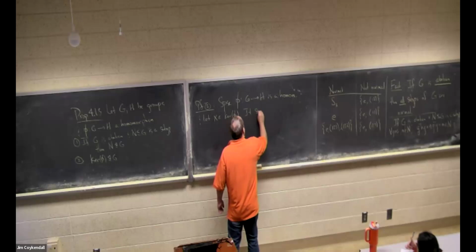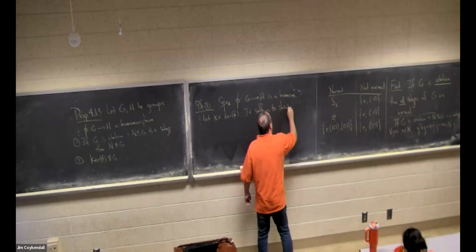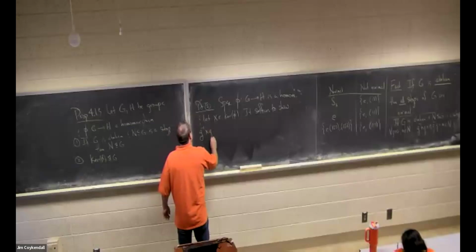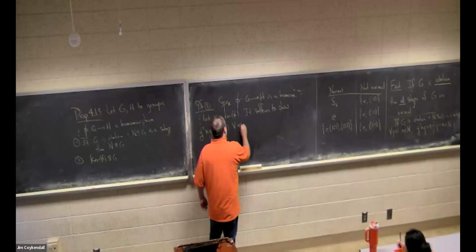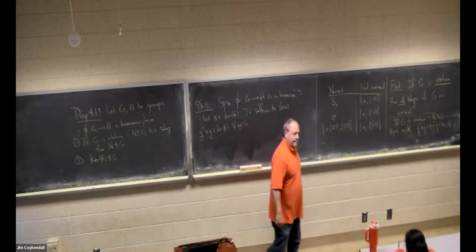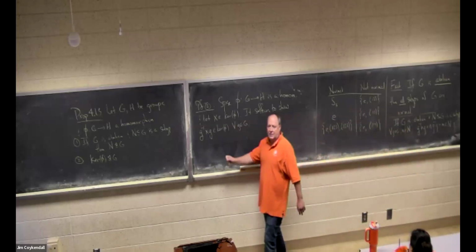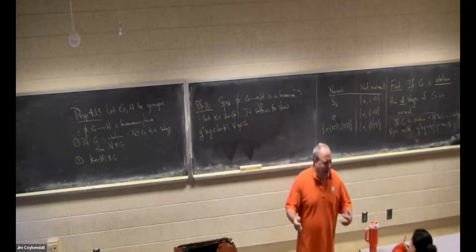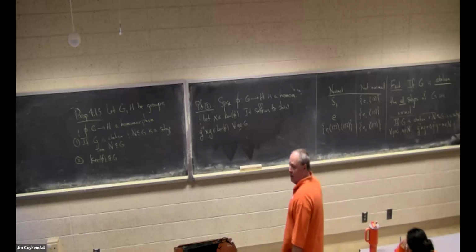It suffices to show that g inverse x g is also in the kernel. We call this a conjugate of x. What you have to do is show x is in the kernel, and any conjugate of x remains in the kernel, and that makes it a normal subgroup. Right, okay with that? You gotta love homomorphisms.